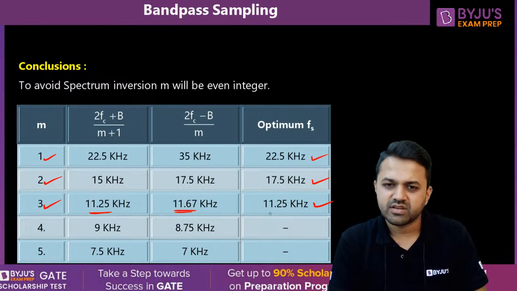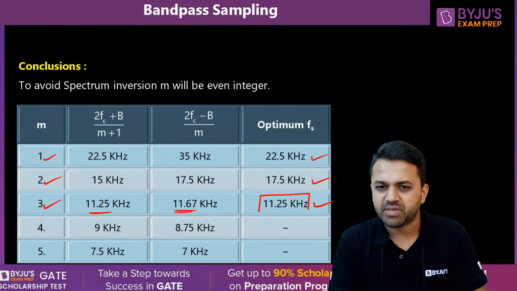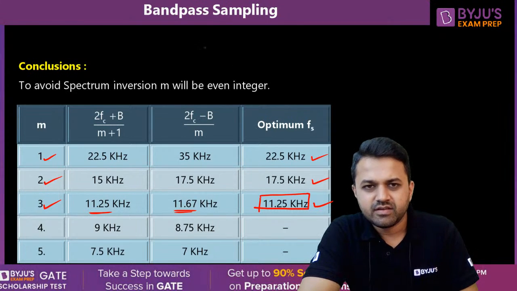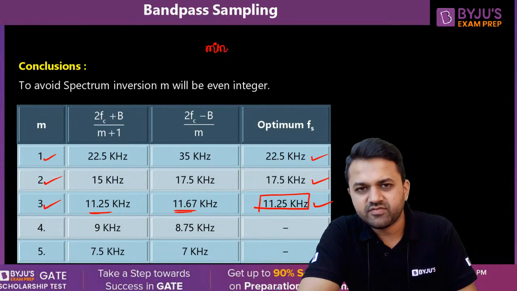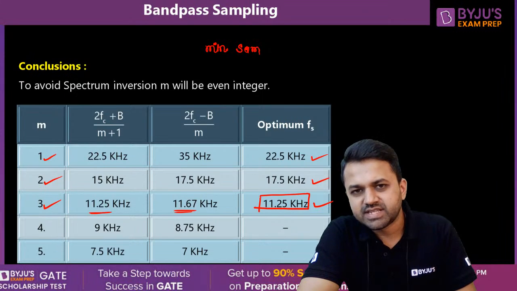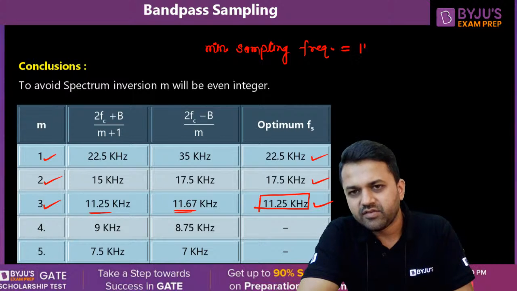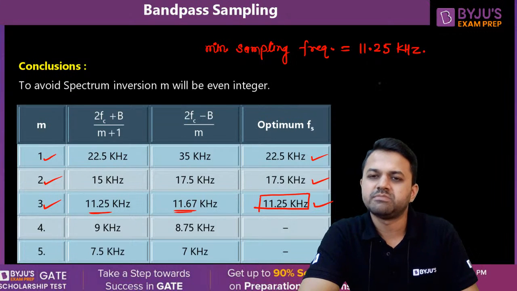So we will select the minimum sampling frequency as 11.25 kilohertz.